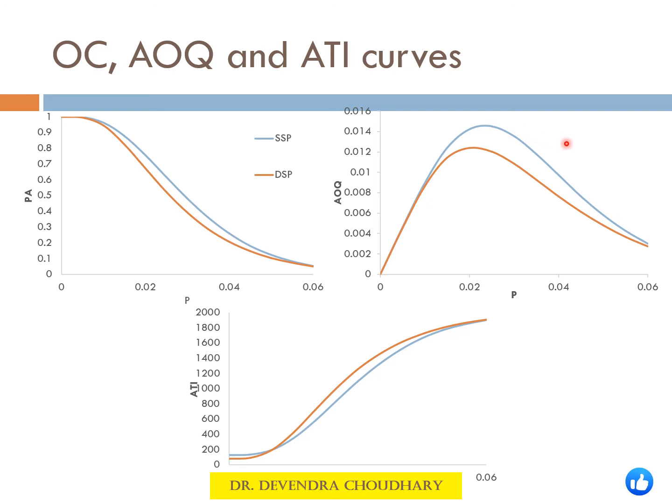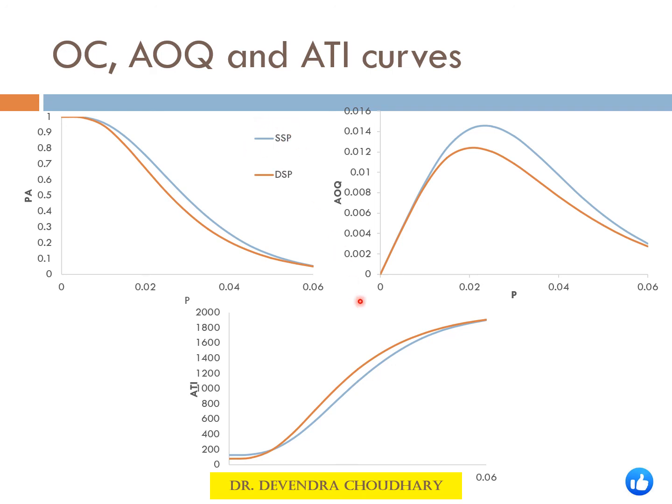Hence, a better quality protection is offered by given double sampling plan as compared to given single sampling plan. Based on OC curve and AOQ curve, one can conclude that given double sampling plan outperforms the given single sampling plan.